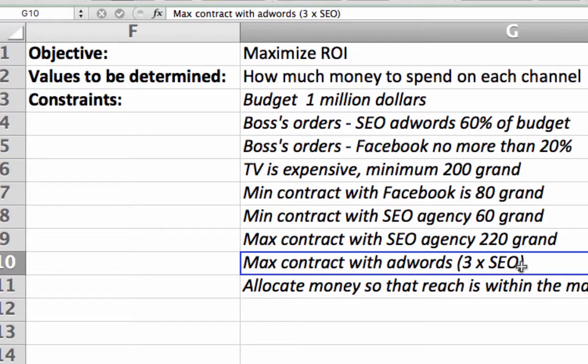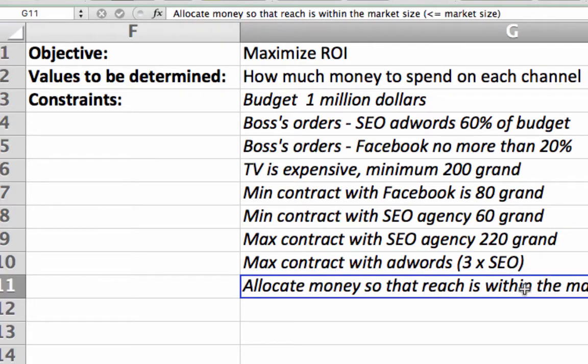And we had a piece of imaginary wisdom handed down to us from the SEO experts that you shouldn't spend more than 3 times your SEO budget on AdWords. So whatever we spend on AdWords needs to be less than 3 times what we spend on SEO.